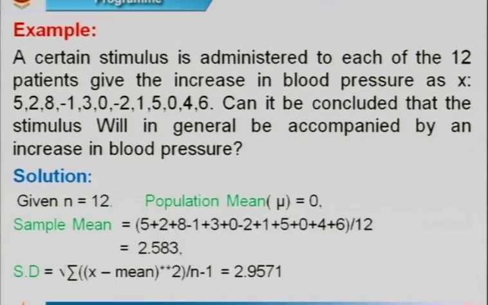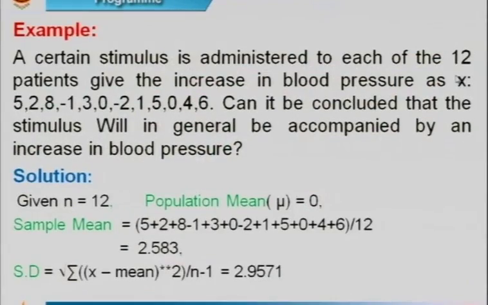That means a doctor gives some stimulus to the 12 patients, and the conclusion is what is the effect of this stimulus when it is injected to the patient. We apply this t-test in order to give our conclusion whether there is a link between the stimulus and the increase in the blood pressure. As you know, there are two types of blood pressures, one is diastolic blood pressure and another one is systolic blood pressure.